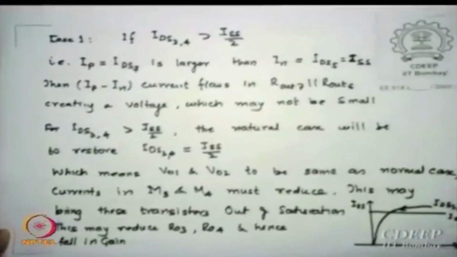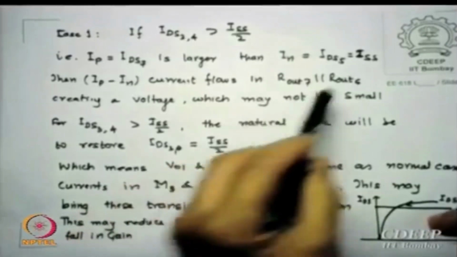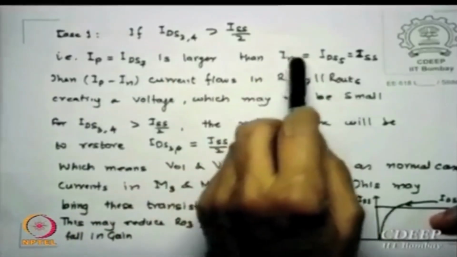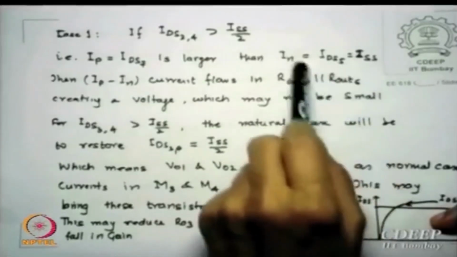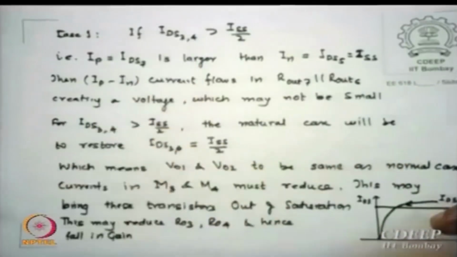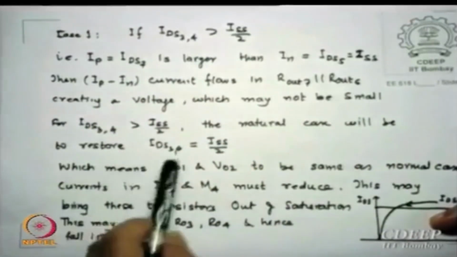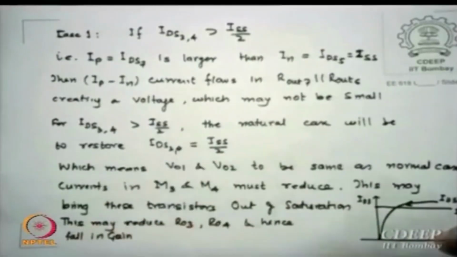So take the first case: IDS 3-4 is larger than ISS by 2. Please remember, ISS is controlled by the M5 transistor current, which is coming from the N channel mirror, whereas IDS 3-4 is coming from the M7 mirrored P channel. Now if these are greater, we would like to restore IDS 3-4 equal to ISS by 2.